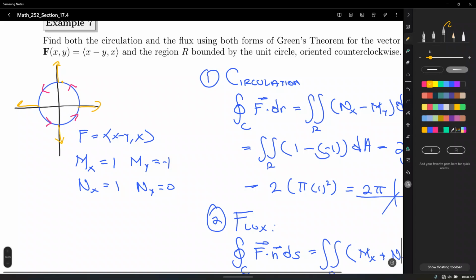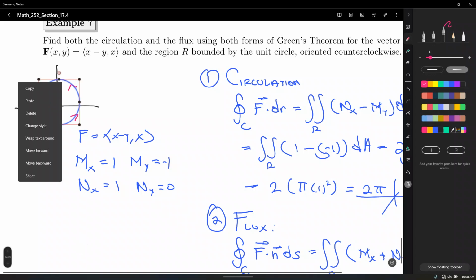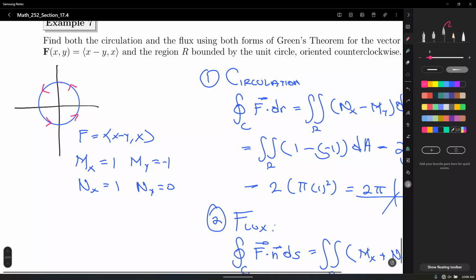So what's going on here then? Let me go back. We have vectors for which there's some more circulation. Let me do this vector here, and zoom in.